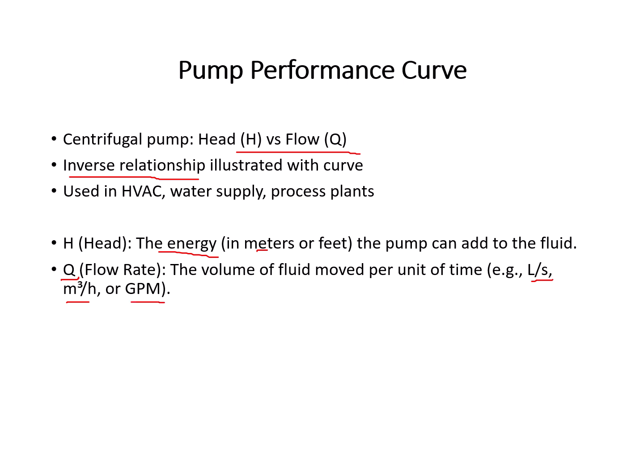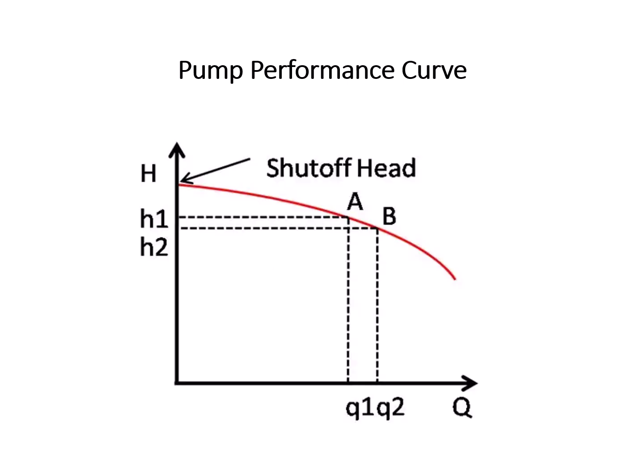Let's go to the curve and try to understand it. This red curve shows the relationship between head and Q. The curve starts high on the left and then drops gradually to the right.